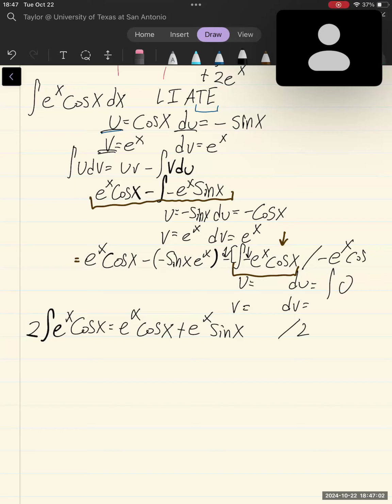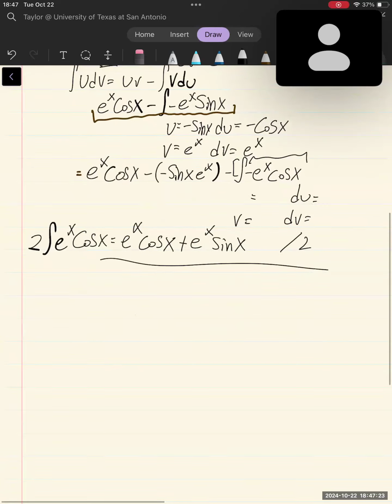So the point I wanted to make with this problem is this is the traditional method. And if we just kept going with this expression, let me clean this up real quick, it would technically go on forever, because you would get another part that you could do integration by parts from this expression.